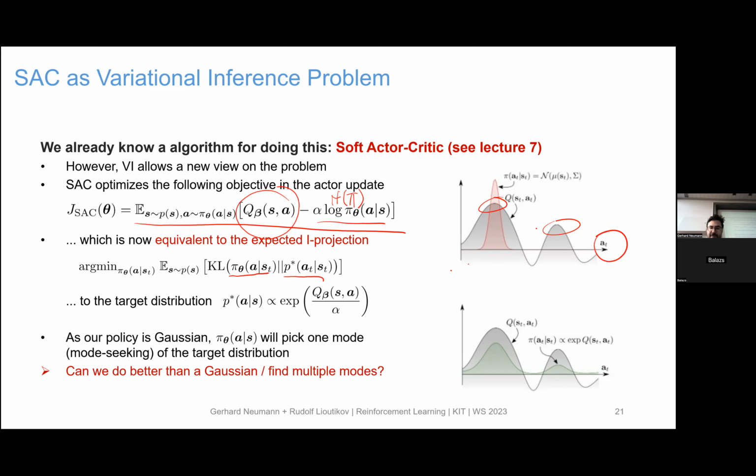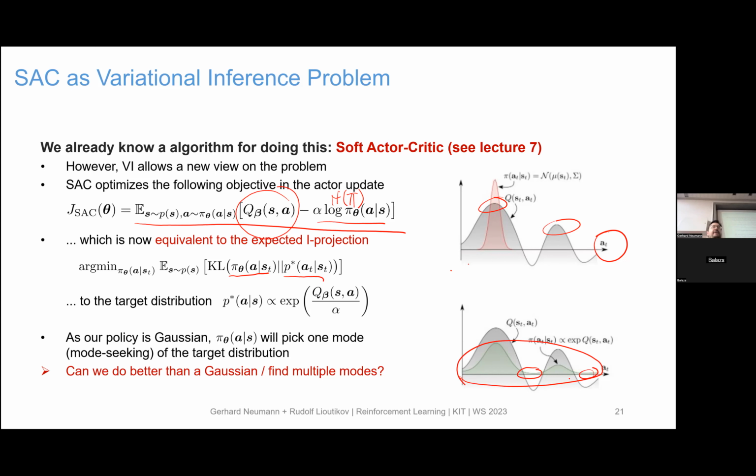Then the target distribution would be the green one. An exponential of Q looks like the green one. Obviously, it cannot get negative. Whenever Q is negative or very low, the target distribution is close to 0.